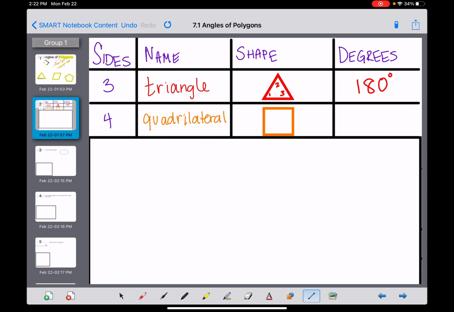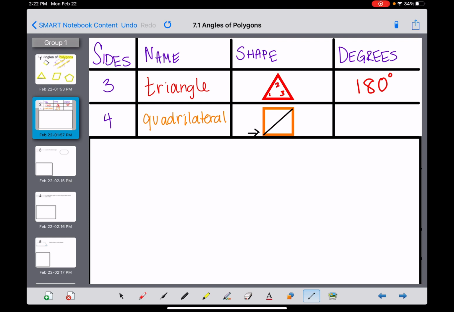So I'm going to start at one of the angles and I'm going to draw what is called a diagonal. So a diagonal connects to all other angles that does not create a side. So I could connect to this angle, but it's redundant because I already have an orange side. I could connect to this angle, but it's redundant because I already have an orange side. So I'm just going to go straight across.